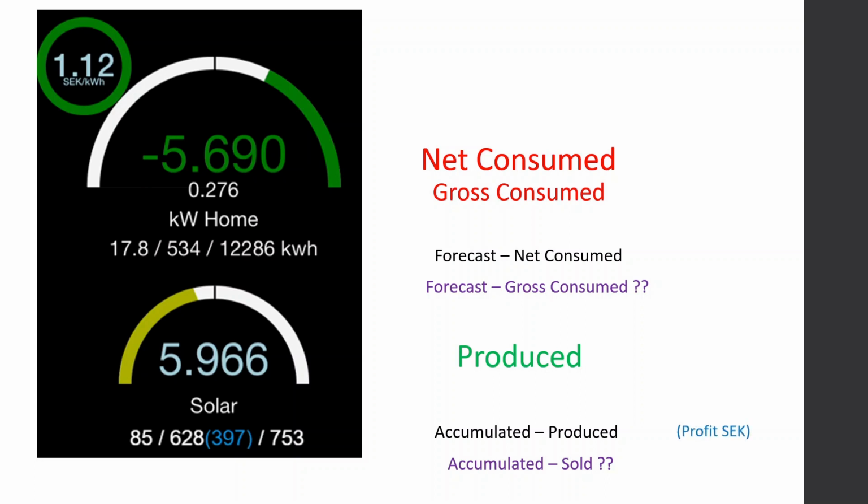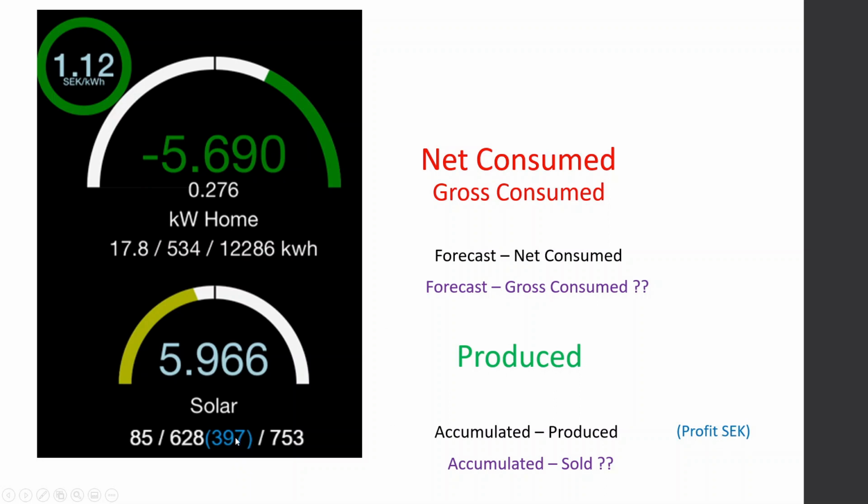And then I also have a blue number here. This is actually quite interesting, because this is the profit. This is the calculated profit based on the sold kilowatt hours. And since the value of this is based on an hourly rate, which is shown up here, it's calculated every hour and accumulated.